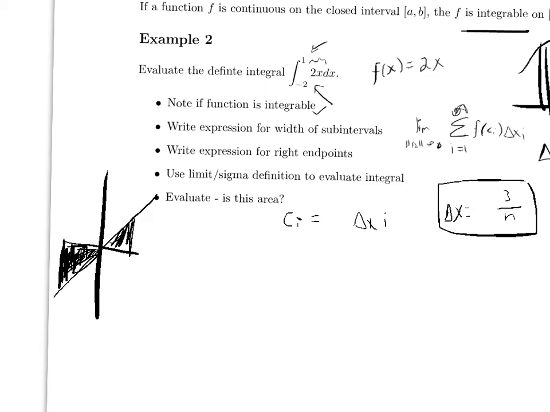So we've got -2 over here, +1 over here. All right, so our right endpoints in this case will be -2 plus i delta x, or let me generalize it, it will be a plus i delta x. So in this case, it's -2 plus 3i over n.